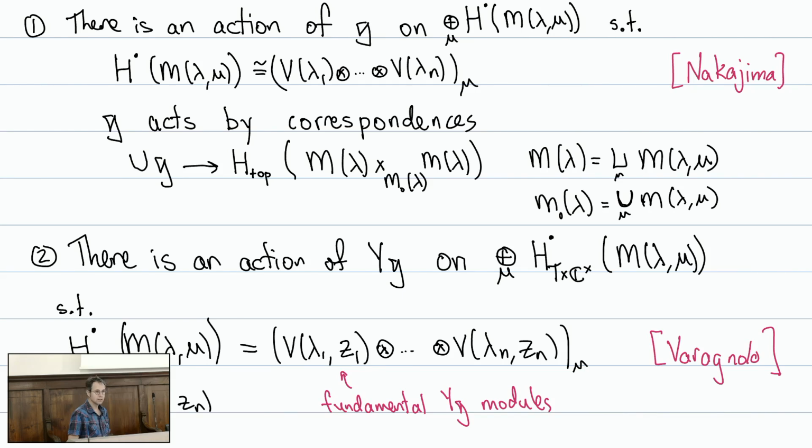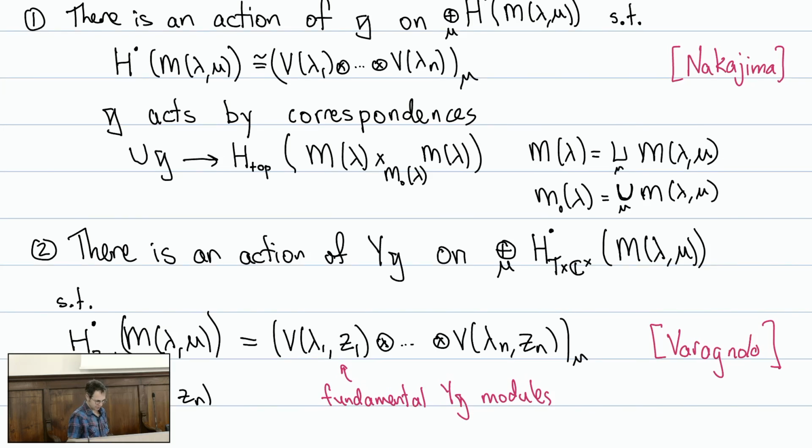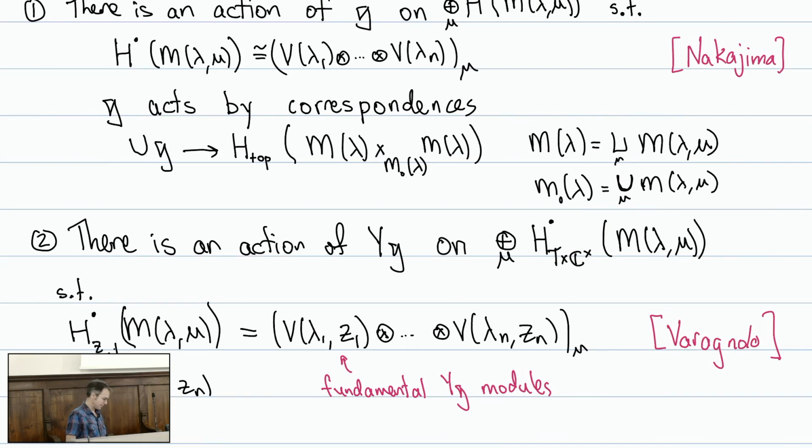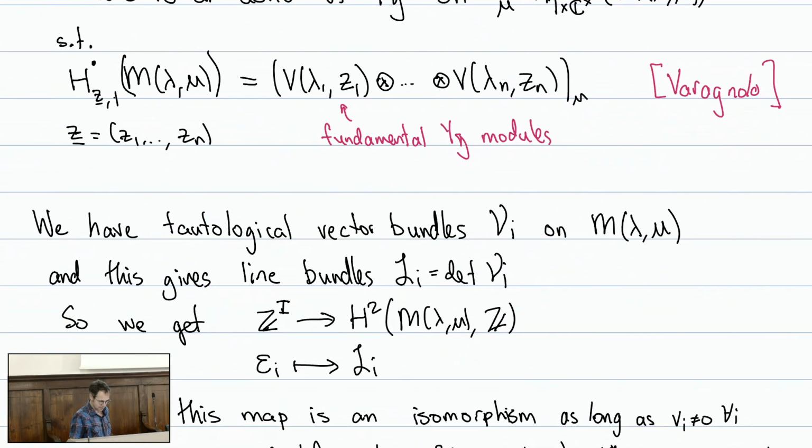Because the Yangian in this case always depends on the h-bar, am I right? Yes, as I said, the T is influencing here and here, so it becomes these spectral parameters. This is the theorem of Varagnolo. In a brief comment, for the non-ADE case, the more general quivers, this is generalized by the theory of cohomological Hall algebras, which Olivier will talk about next week.